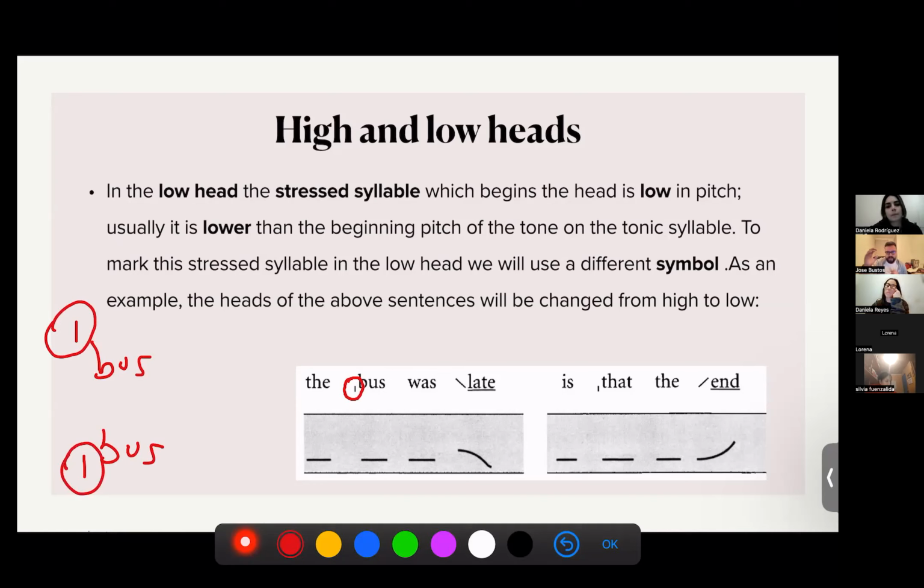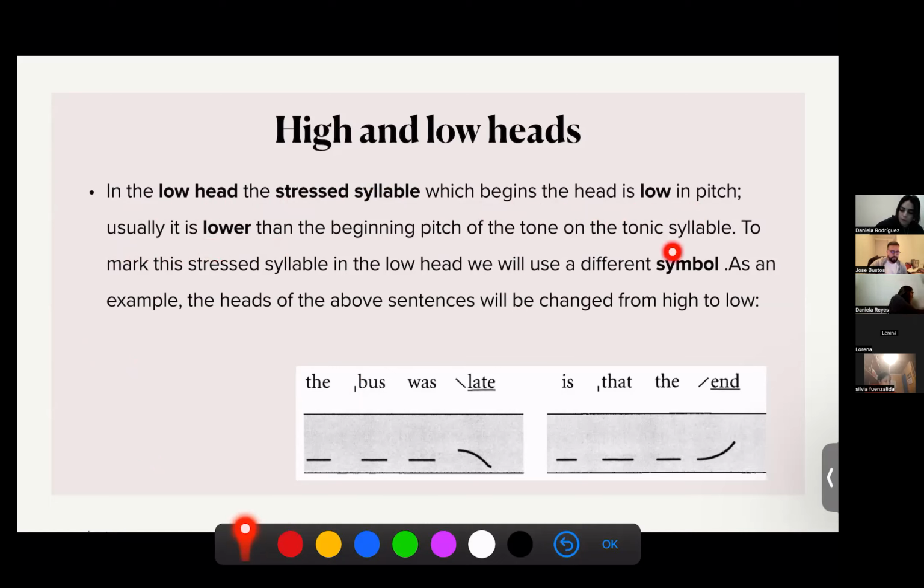Remember that. Usually, it is lower than the beginning pitch of the tone on the tonic syllable. To mark this stressed syllable in the low head, we will use a different symbol, the one at the bottom, not on the top.